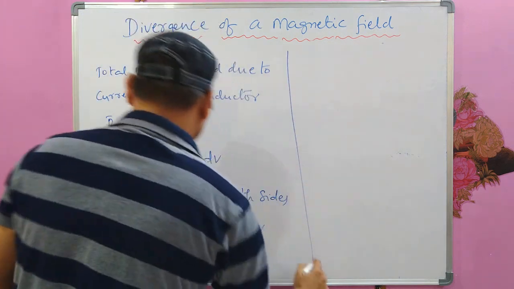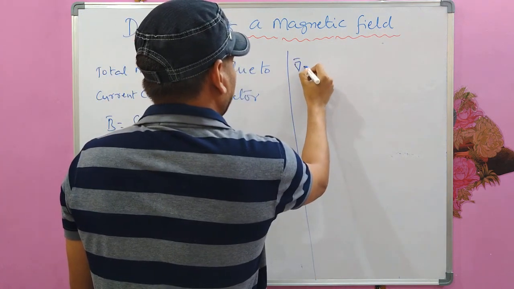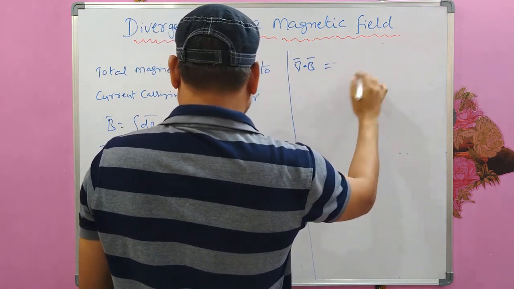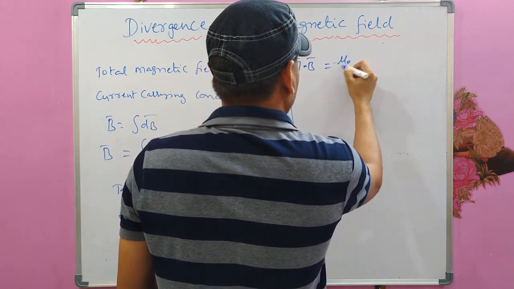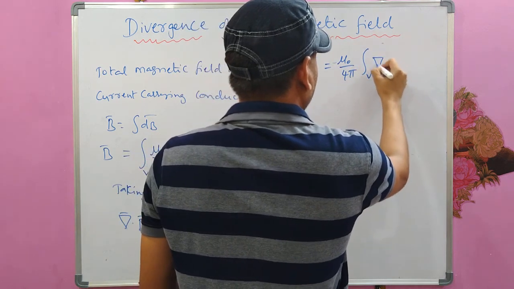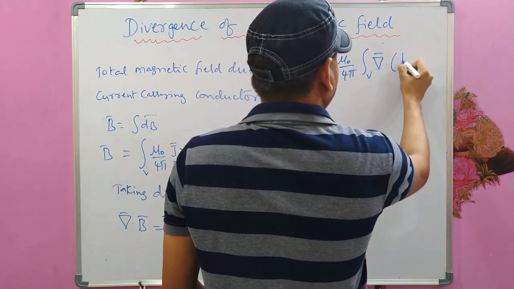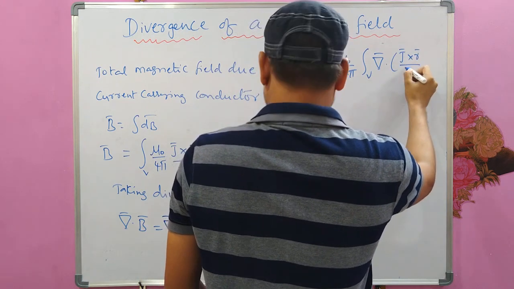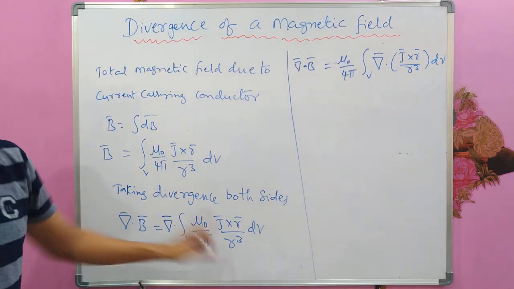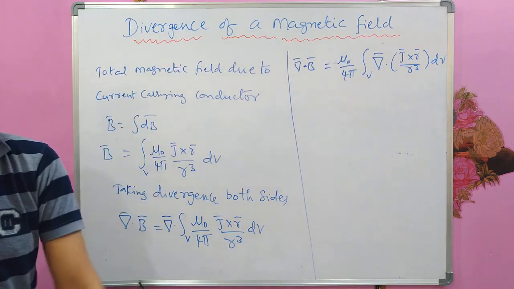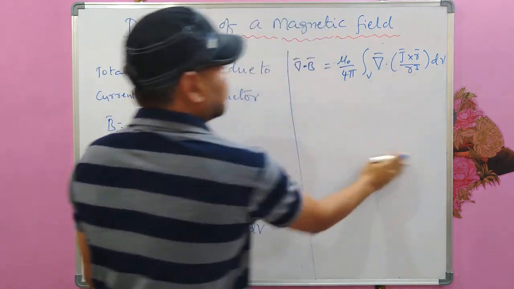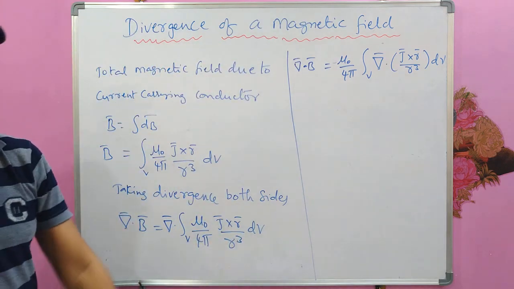So del dot B bar is equal to mu naught by 4 pi, integral over V of del dot J cross R bar by R cube dV. Now we have to calculate what this is. Then that would be the answer for the divergence of magnetic field.